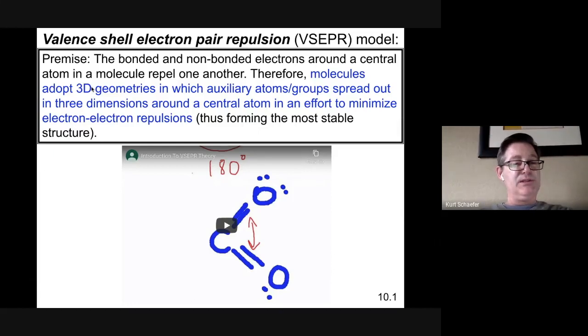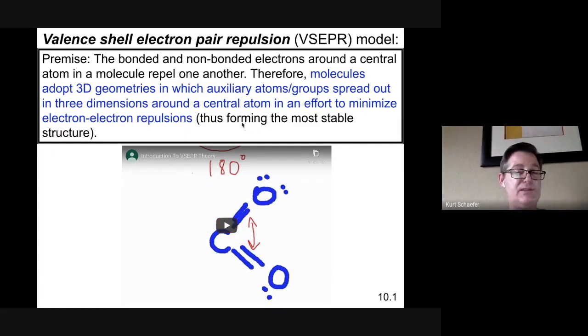Therefore, molecules adopt 3D geometries in which auxiliary atoms or groups, those are the groups or atoms that are surrounding a central atom, spread out in 3 dimensions around that central atom in an effort to minimize electron-electron repulsions. And this is why you get the structures that you get.